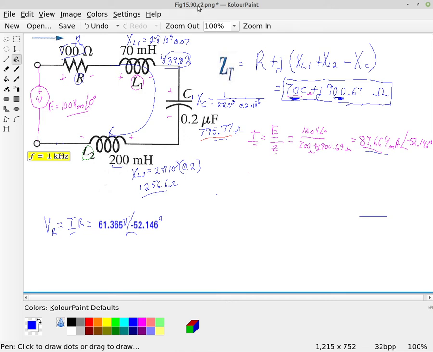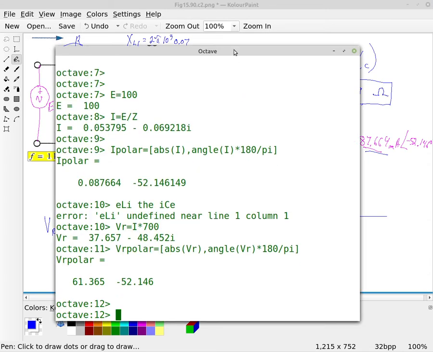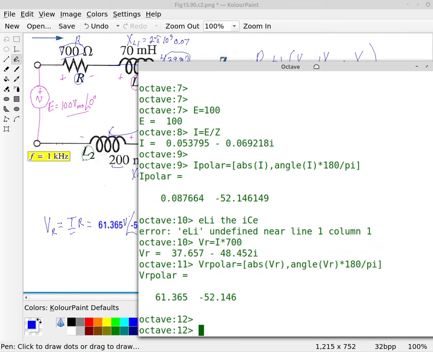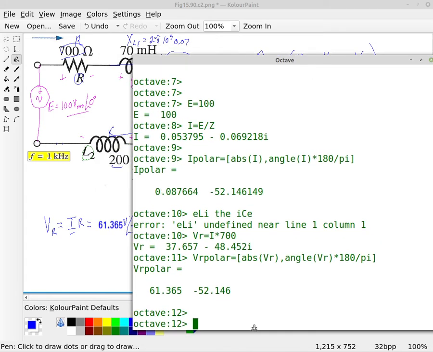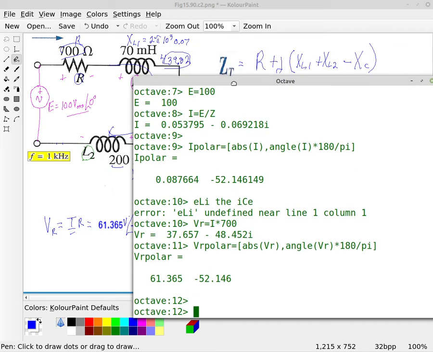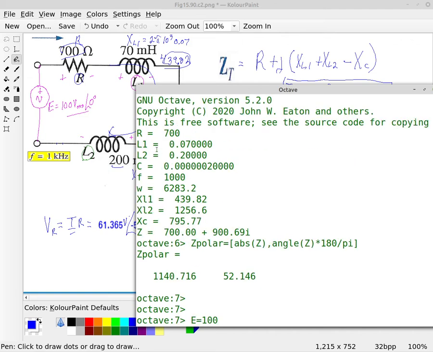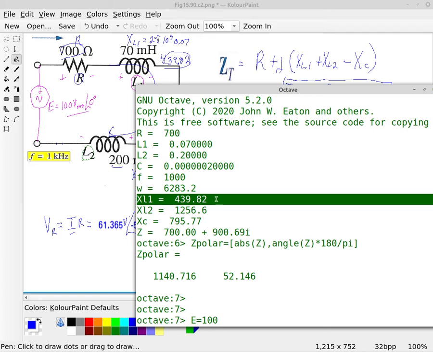And so likewise, we could calculate the voltage drop across the first inductor. Now I already calculated the frequencies. Here was my inductor L1 and my inductor L2, so I actually have those already stored in the software here.